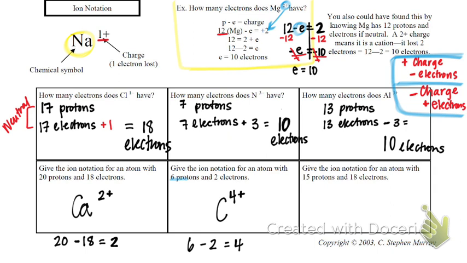And then the last one, 15 protons. Phosphorus. Just a P there. So 15 protons, 18 electrons. -3. So remember when you write it for the notation, 3 first, then the negative sign. Okay, what questions do you have?